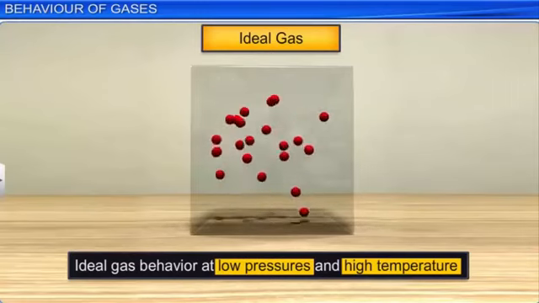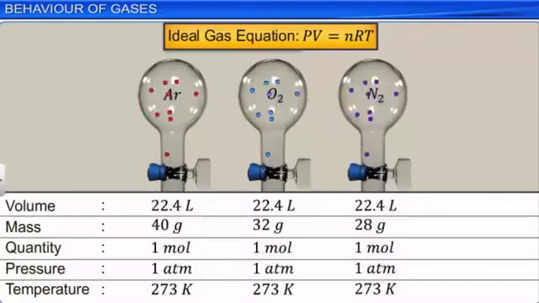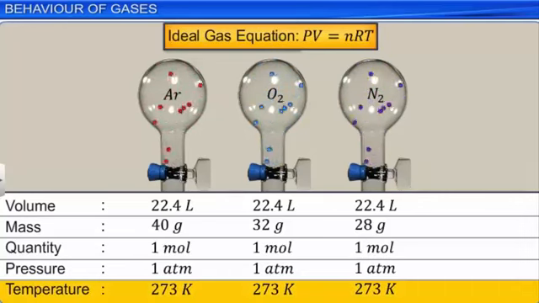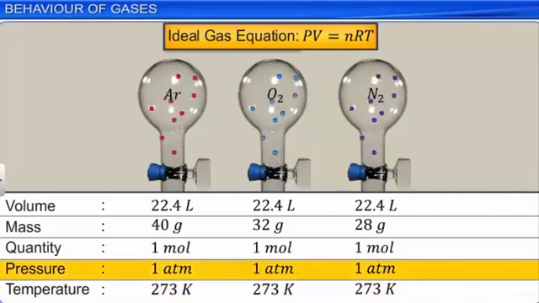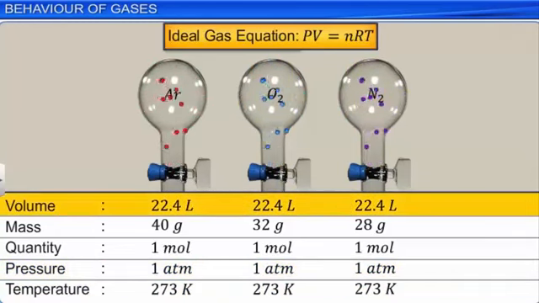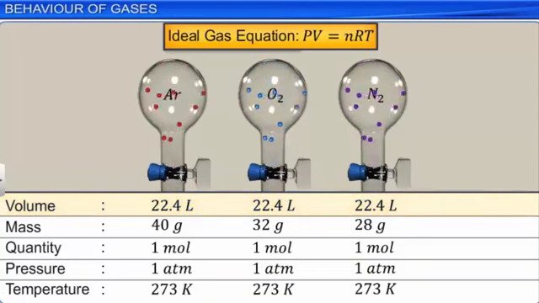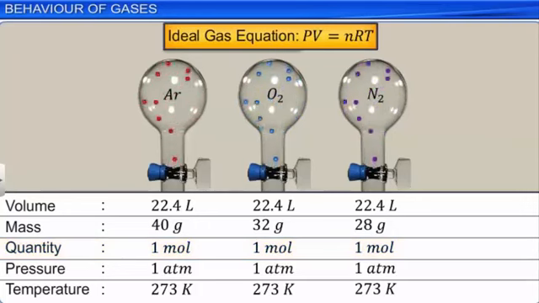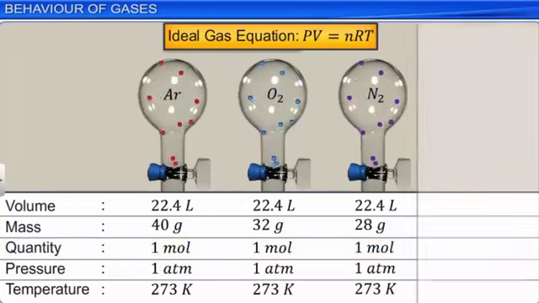From the ideal gas equation, we can say that at constant temperature and pressure, equal volumes of different gases contain an equal number of molecules. That means for an ideal gas, V/N is constant.